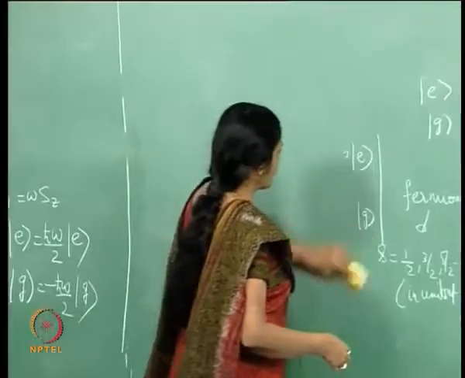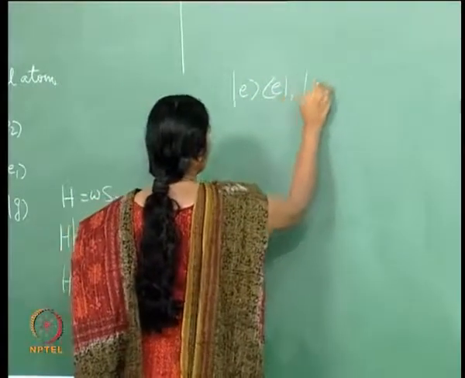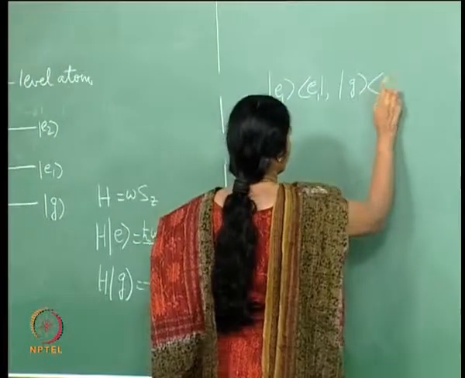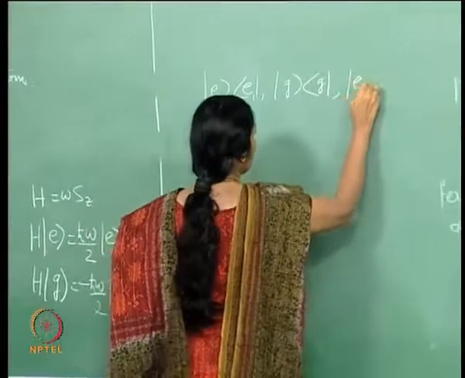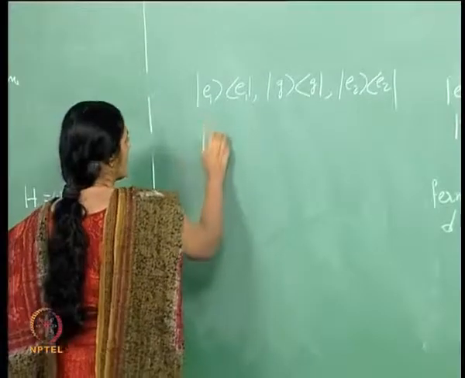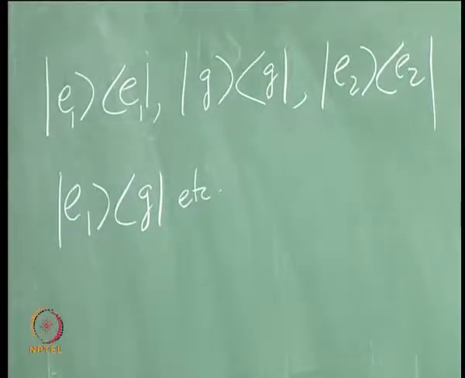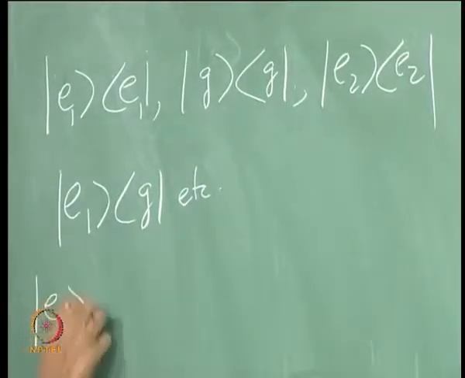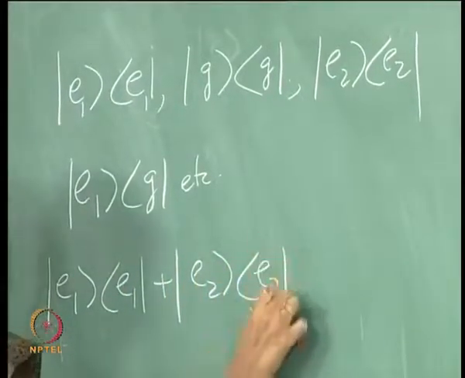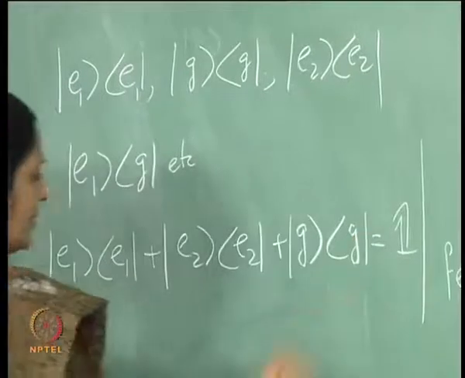I have a set of operators as before, EE, E1 E1 to show that this is the first excited state, GG and E2 E2, and non-Hermitian combinations of this kind, E1 G, etc. The completeness relation in this case would simply mean that E1 E1 plus E2 E2 plus GG is really the identity operator.